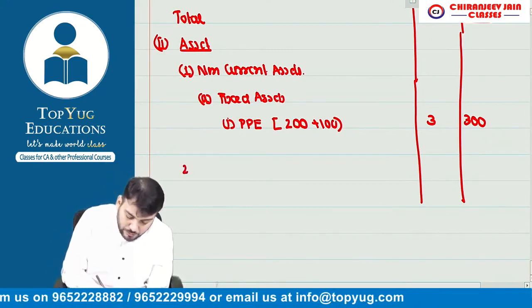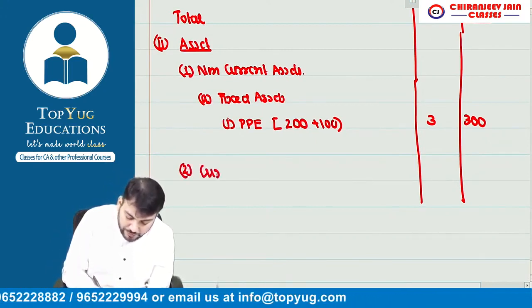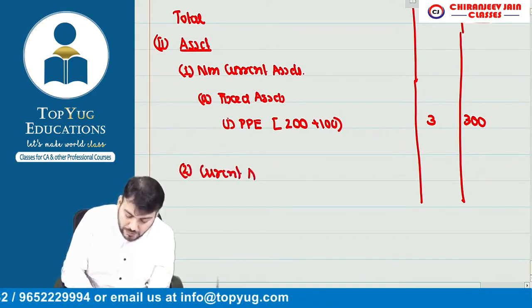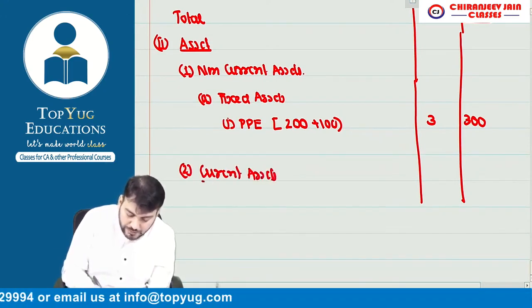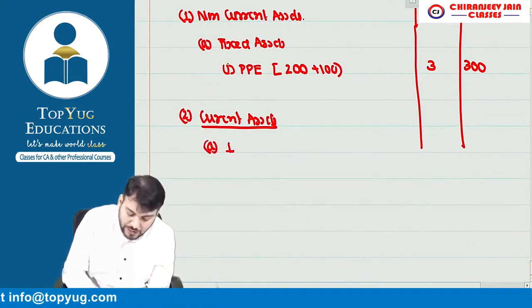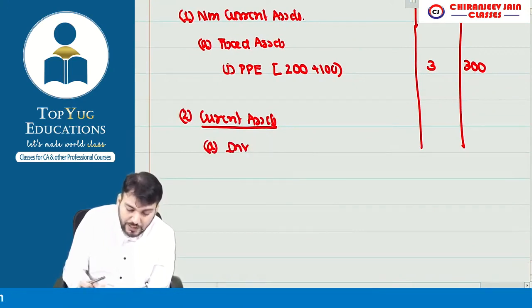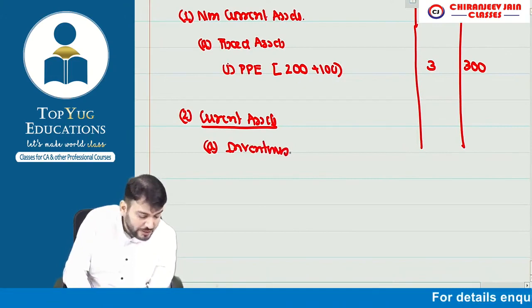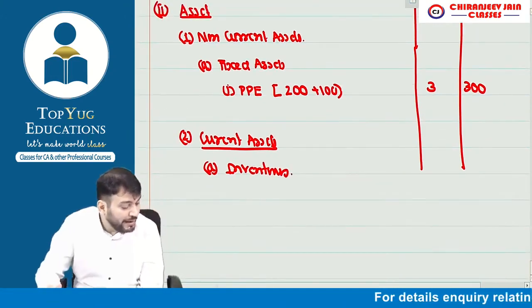Now come to current assets. Here first will be inventories, because current investment has been sold. So write inventories. Inventories is reduced by 80%.